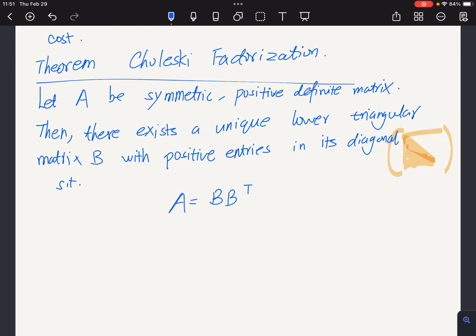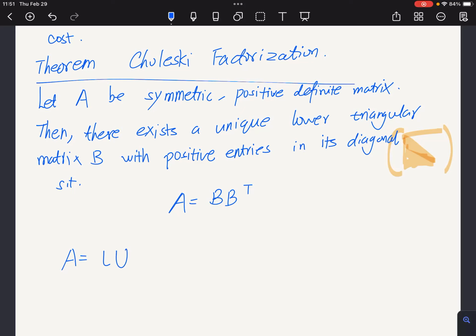And this is the Cholesky factorization. And actually, the Cholesky factorization could be derived from the LU factorizations. So if you take a look at the LU factorization, I just mention very brief details about the proof here, how to transform the LU factorizations into the Cholesky factorizations. So this is the LU factorization, right?